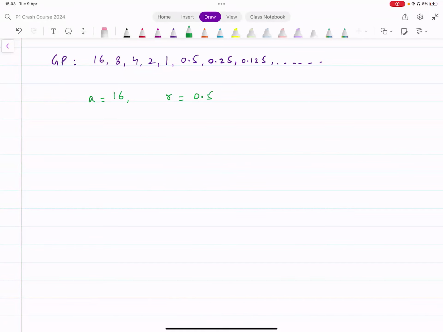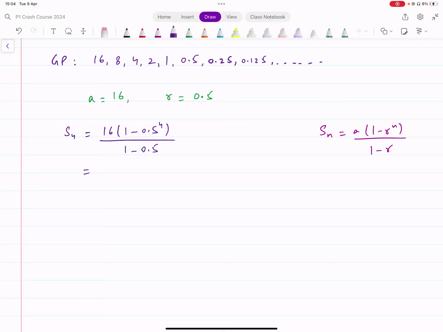Remember the sum formula? Sn equals A into 1 minus r raised to power n, divided by 1 minus r. S4 is A, which is 16, into 1 minus 0.5 raised to power 4, divided by 1 minus 0.5.